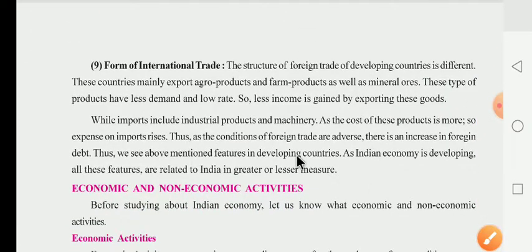Next one, ninth one, form of international trade. In the form of international trade, the structure of foreign trade of a developing country is different.